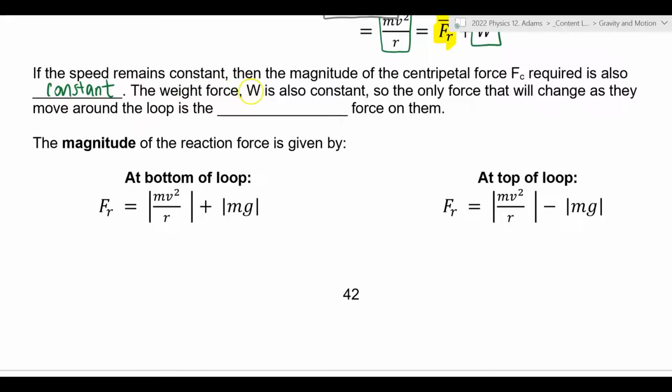So the weight force, W, is also constant and downwards. So the only force that will change as you move around the loop is the only one that's left. Guys in the class here, help me out. Exactly. Okay. Is your reaction force.